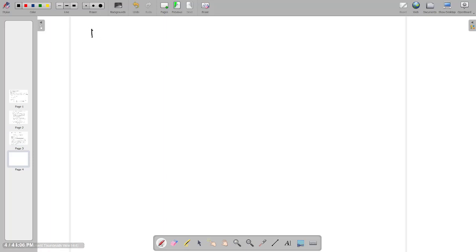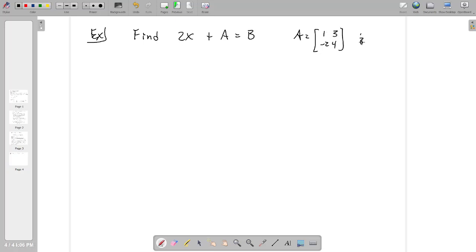Let's go ahead and do an example here and show what we can do with these. So suppose that we have 2X plus A is equal to B, where A is equal to [1, 3; negative 2, 4], and B is equal to [5, negative 1; 8, 2]. Now, how would we solve this?